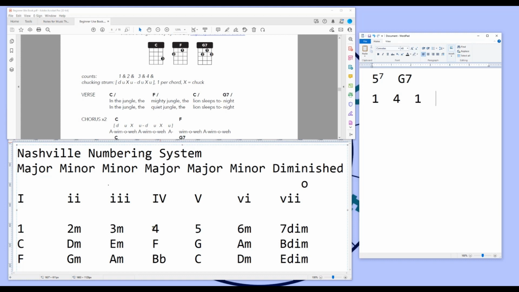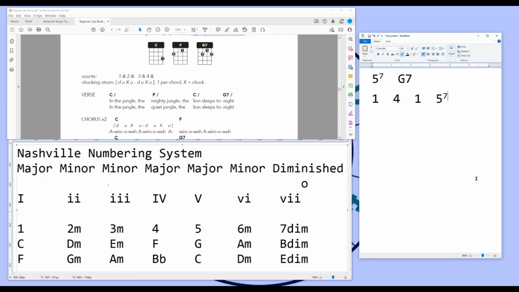And the G, you know, is a 5 chord, but I'm going to call it a 5-7 chord because, come on, you can do that. I've got to copy and paste this. Control C. So this is our chord progression. It's a 1-4-1-5 progression, or you can say a 1-4-1-5-7 progression. Okay.